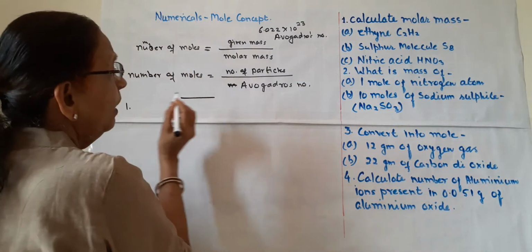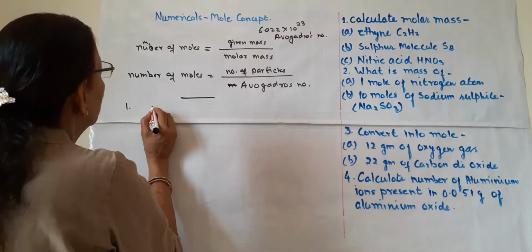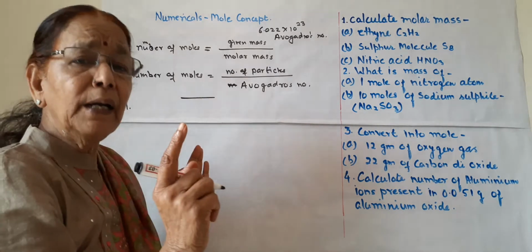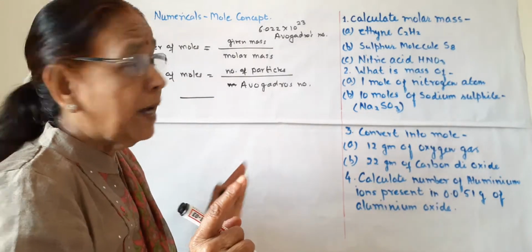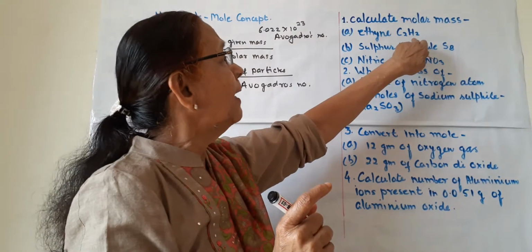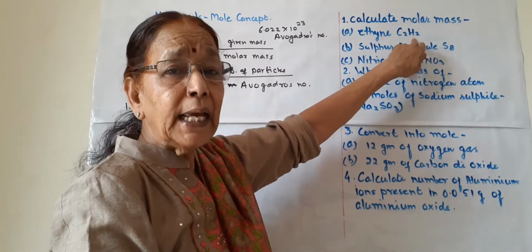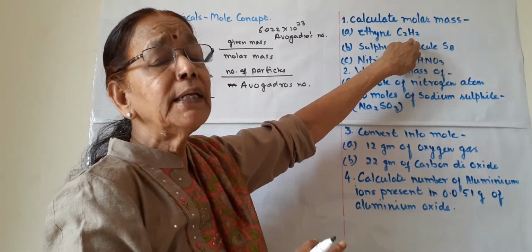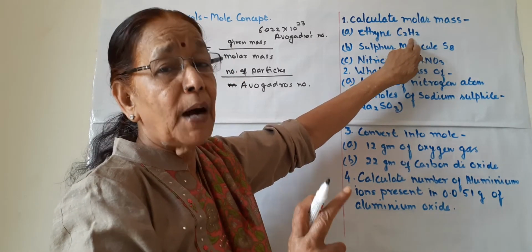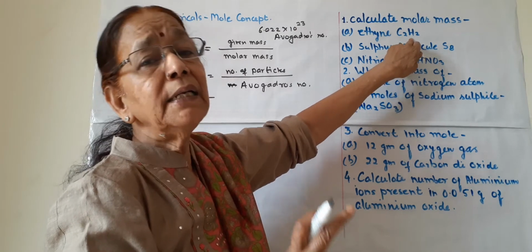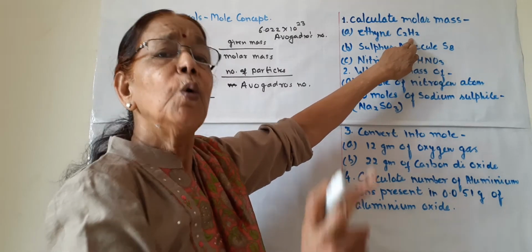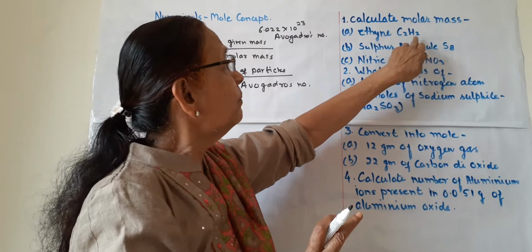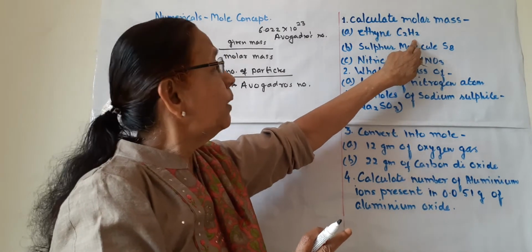So here C2H2. The first we will calculate the molecular mass of this molecule. Ethyne is an organic molecule, organic gas, and first we calculate its molecular mass and then we convert this molecular mass to molar mass. So how the molecular mass will be calculated?